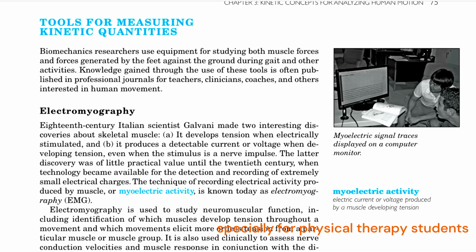That means electromyography, and second, dynamography. Biomechanics researchers mainly use muscle forces and ground reaction forces, so to understand this, it is very important to understand what kind of forces are generated during walking, running, jumping, or even simple activities. These are the main tools to use.